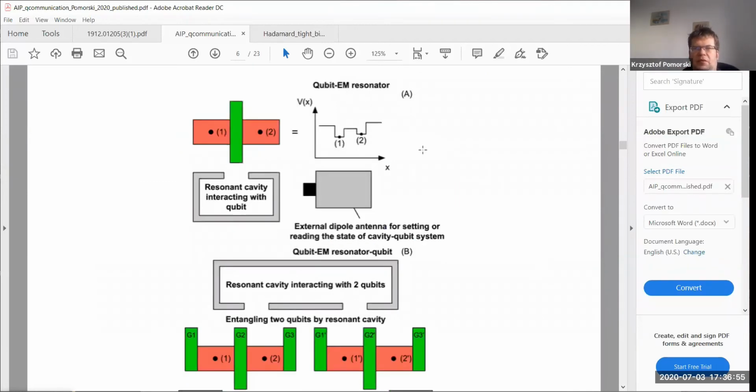So far I described the case of electromagnetic interaction of position-based qubits with electromagnetic cavities. There are some challenges in this picture, since it is very much oversimplified.